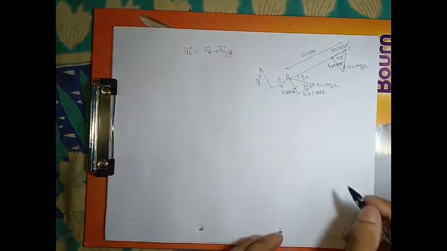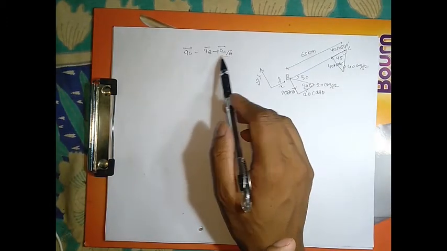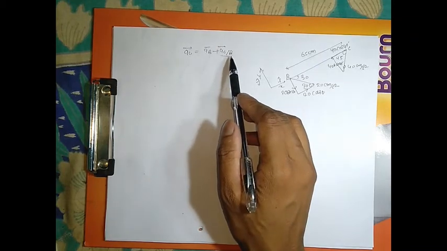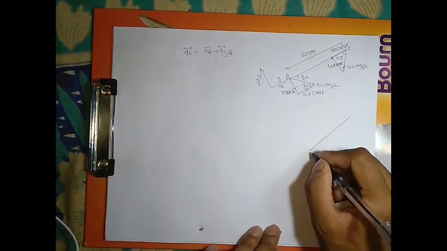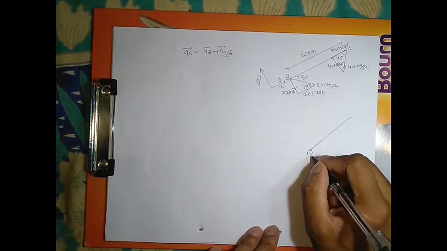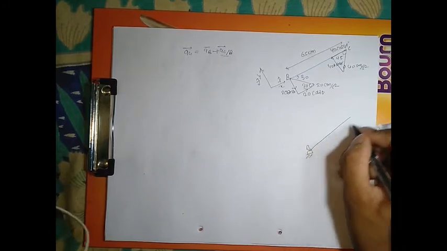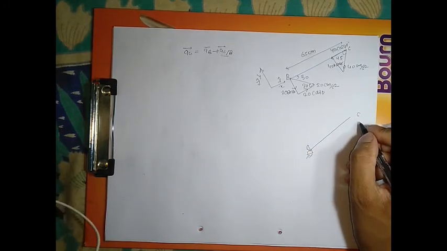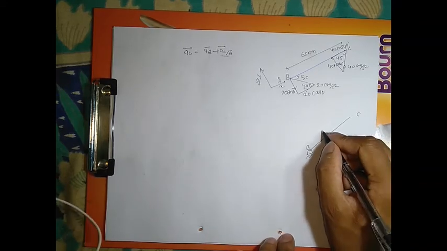Acceleration of C with respect to B means you have to fix B and look at C. So I am fixing B, and you have to look at C. Suppose the angular velocity and angular acceleration of link BC with respect to B are omega and alpha.